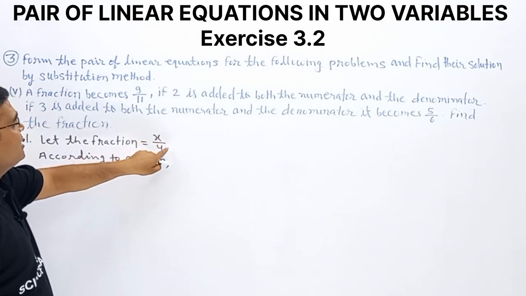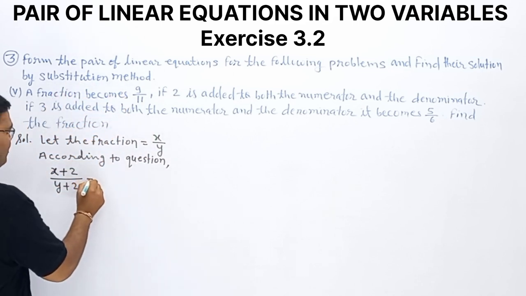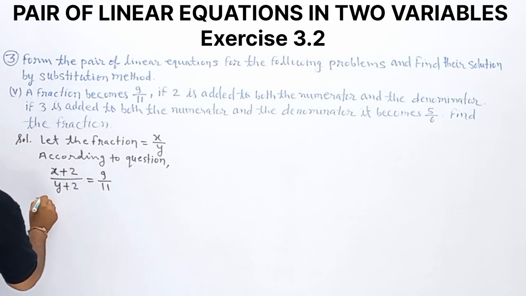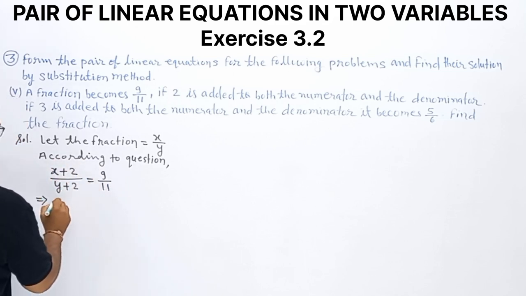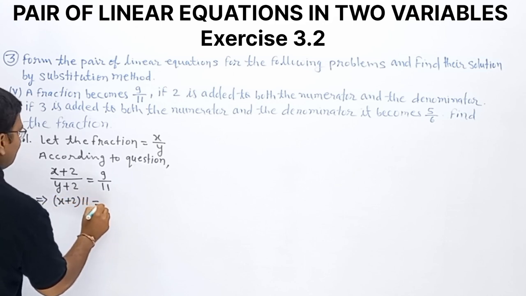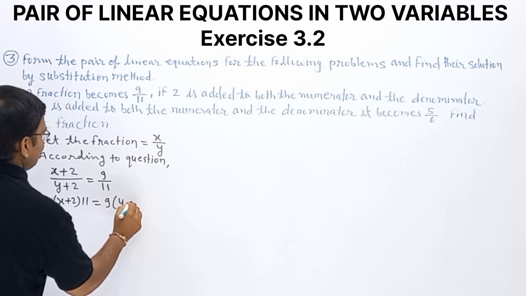It will be equal to 9 upon 11. Cross multiply: (x plus 2) multiplied by 11 equals 9 multiplied by (y plus 2).